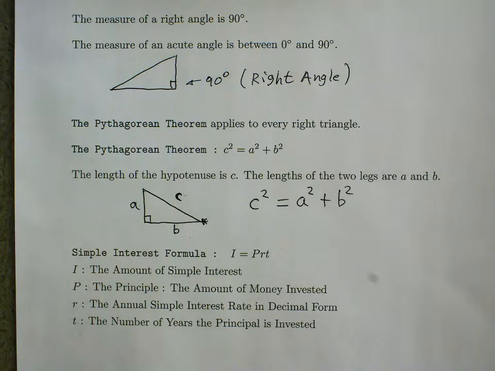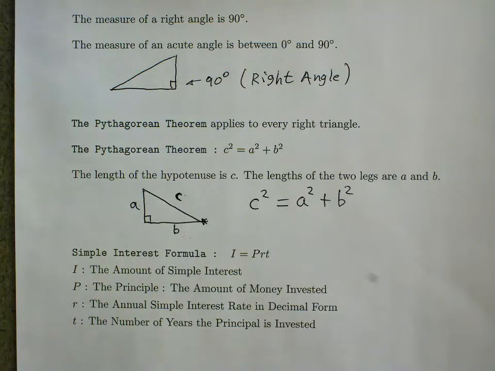Normally you have an interest rate that's measured as a percent, but when we use it in the formula, we convert it to the decimal equivalent. For example, 6% as a decimal number is 0.06. So if we earn simple interest at 6%, we would use R equal to 0.06 in the computation.